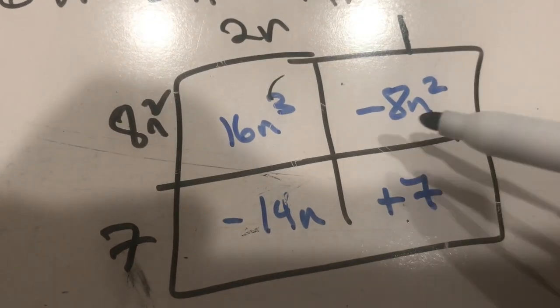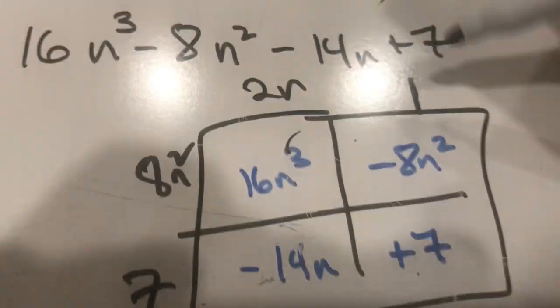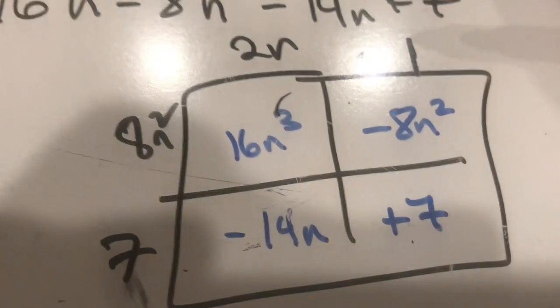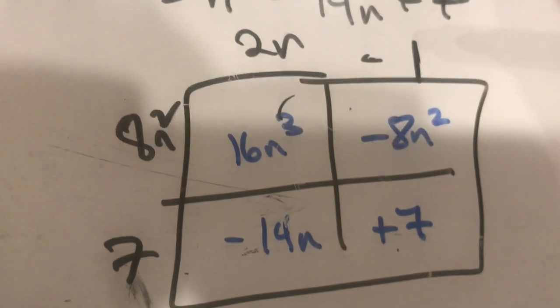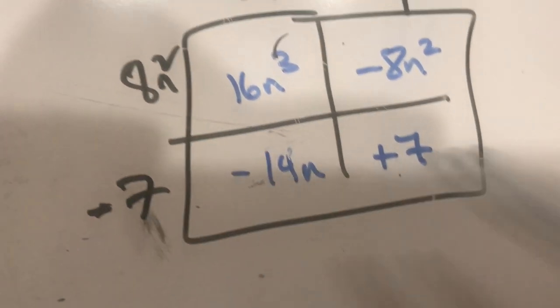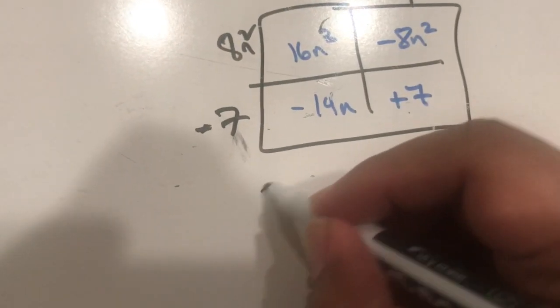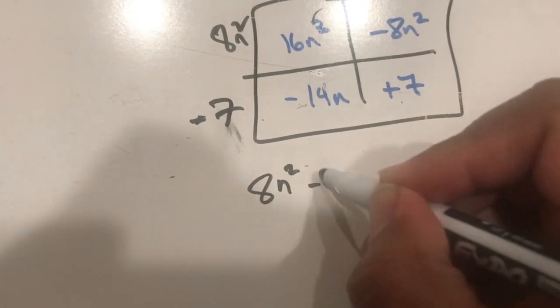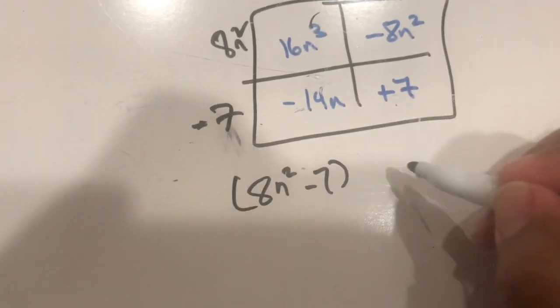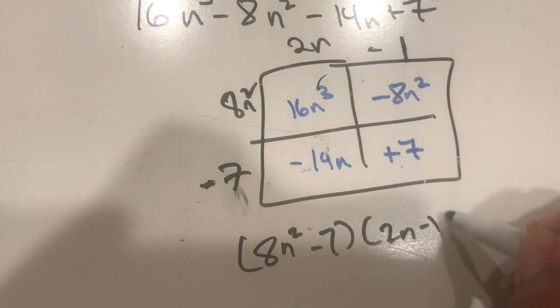But in order for me to get a negative in here, this 8n squared has to multiply by a negative 1. And that makes the decision for me. That tells me that this 7 also has to be negative. So when I end up with my factored form, it is 8n squared minus 7 in parentheses times the quantity 2n minus 1.